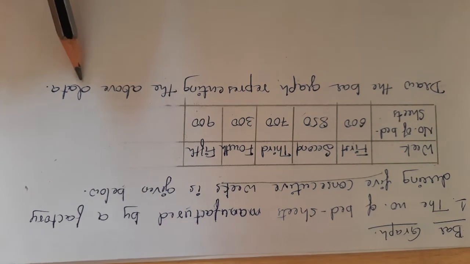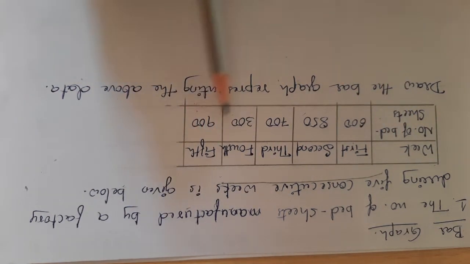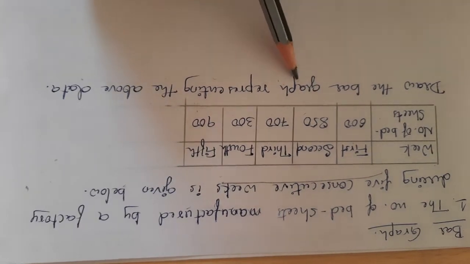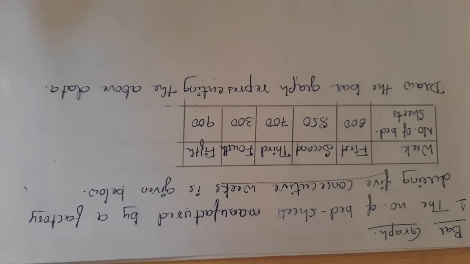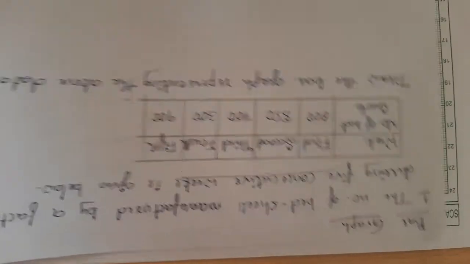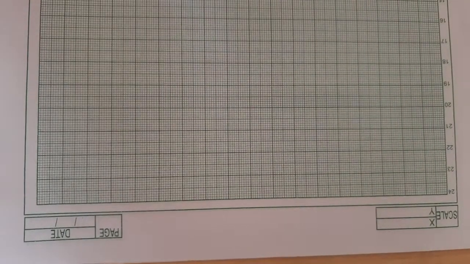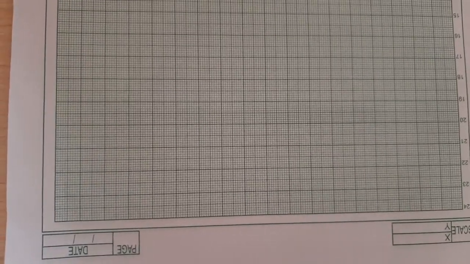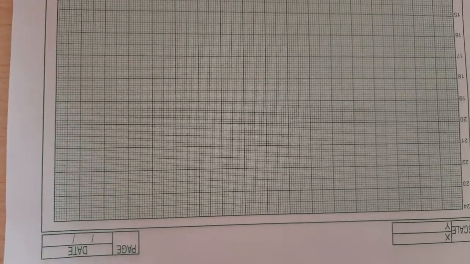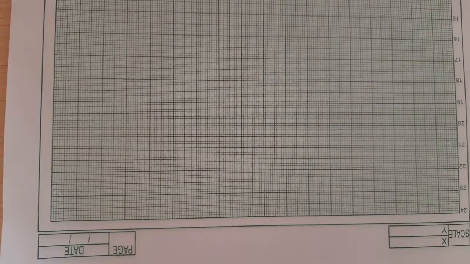So for this we need to represent this data in the graph as a bar graph. Now let me clear everything about the graph sheet. So here is the graph sheet. I hope you all have purchased the graph sheet and graph book.